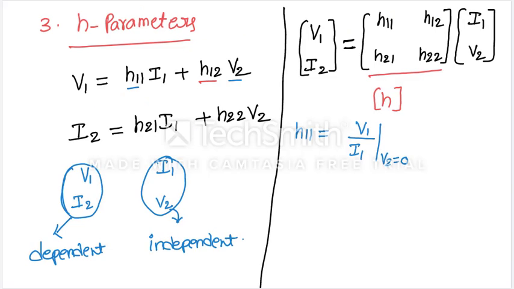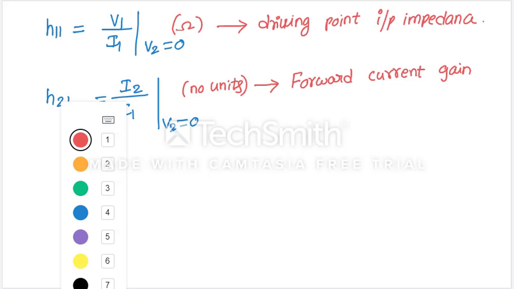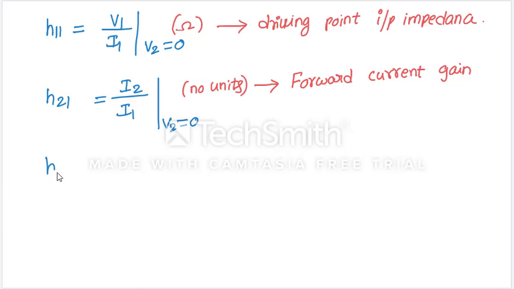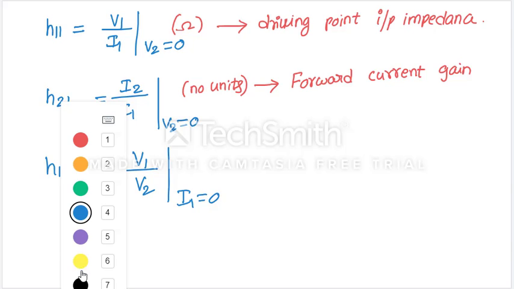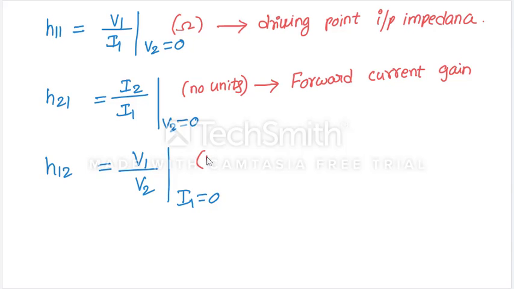Next, H12 is V1 by V2 when I1 is equal to 0. The units: here also no units.